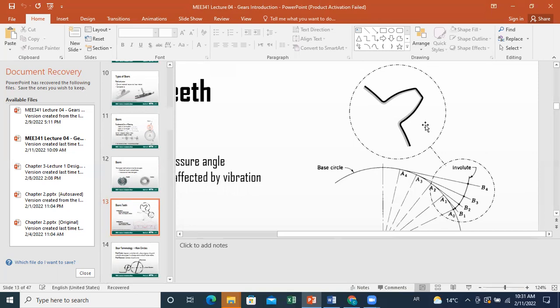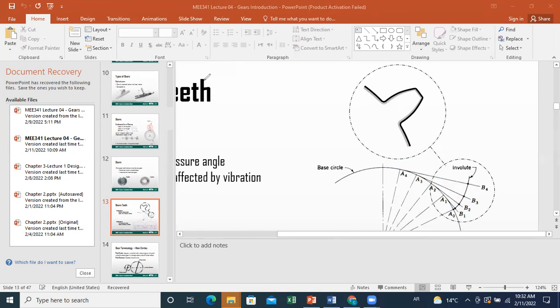If I take the base circle, so this is the base circle of my gear, and I draw tangent lines from the base circle, then the involute curve will lie on different points on these tangents. So I can define a certain shape for the involute. We'll talk about this in detail when we see the transmission of forces in the case of involute teeth.